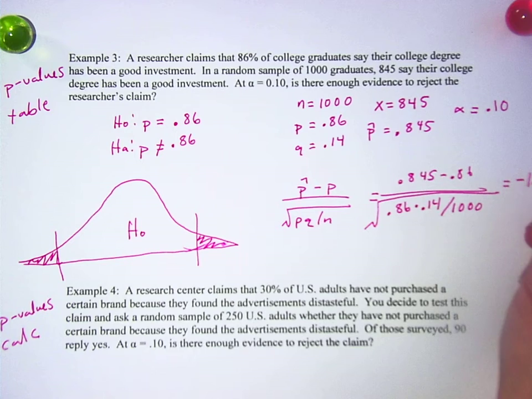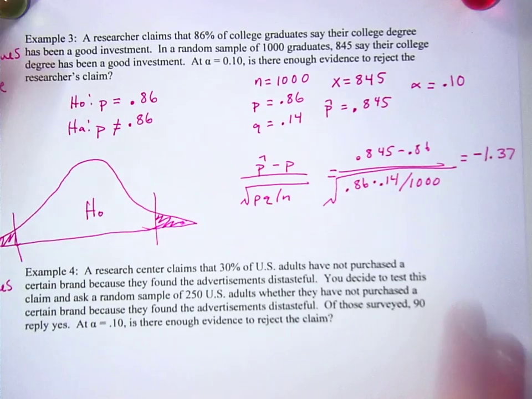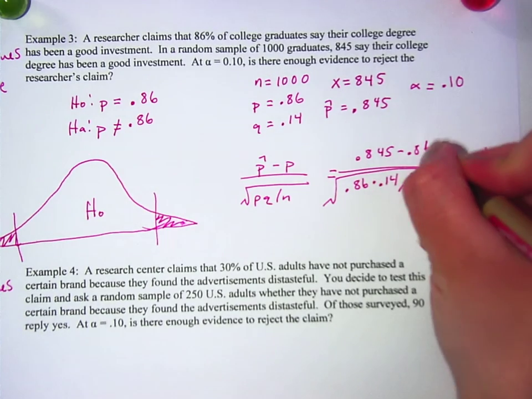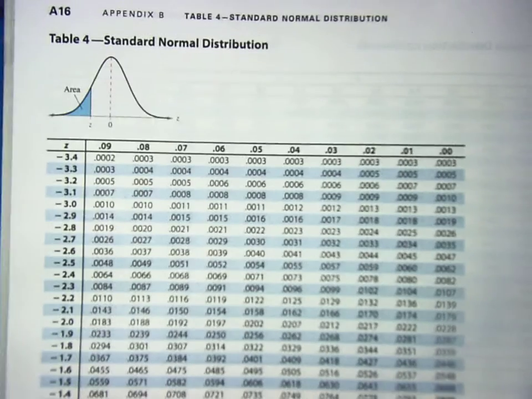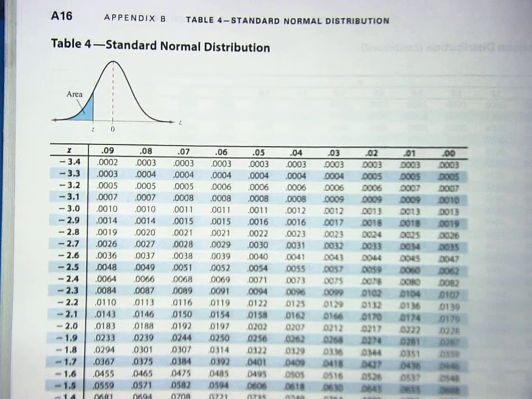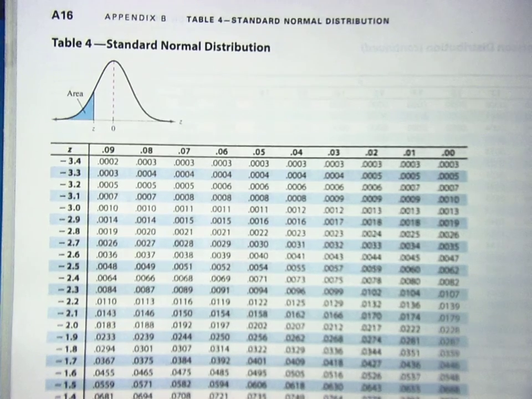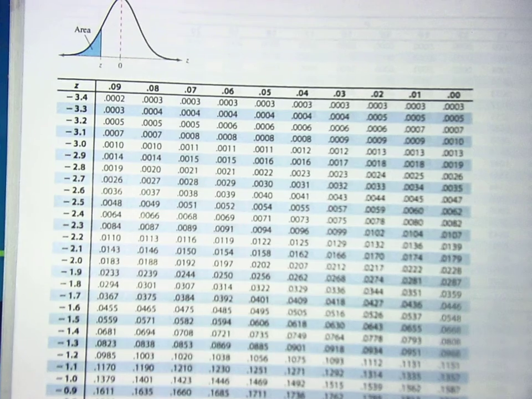That gives you a z-score of negative 1.37. And then if you look up negative 1.37 in your table, it is 0.0853.